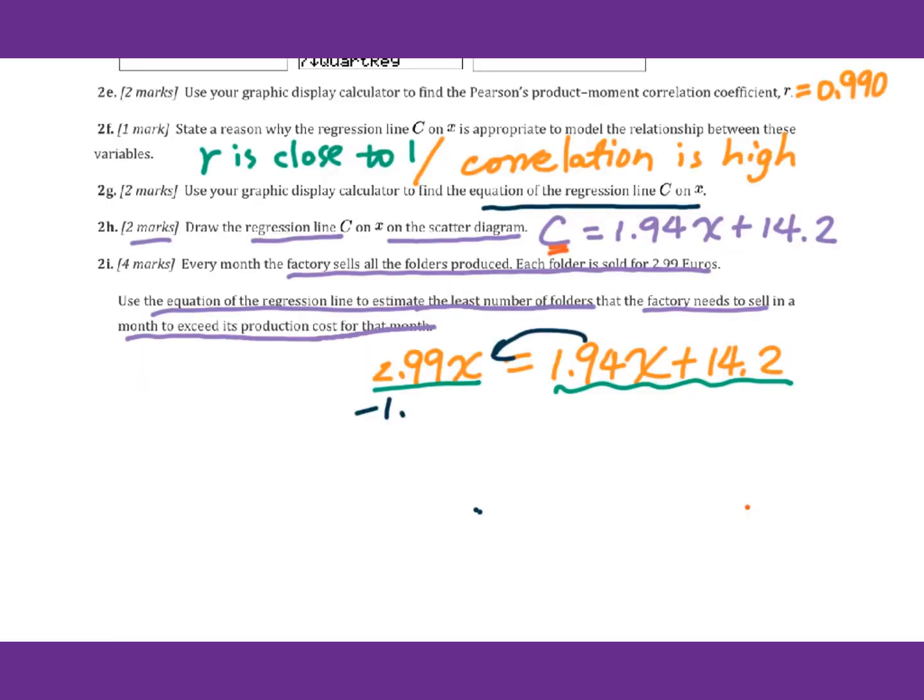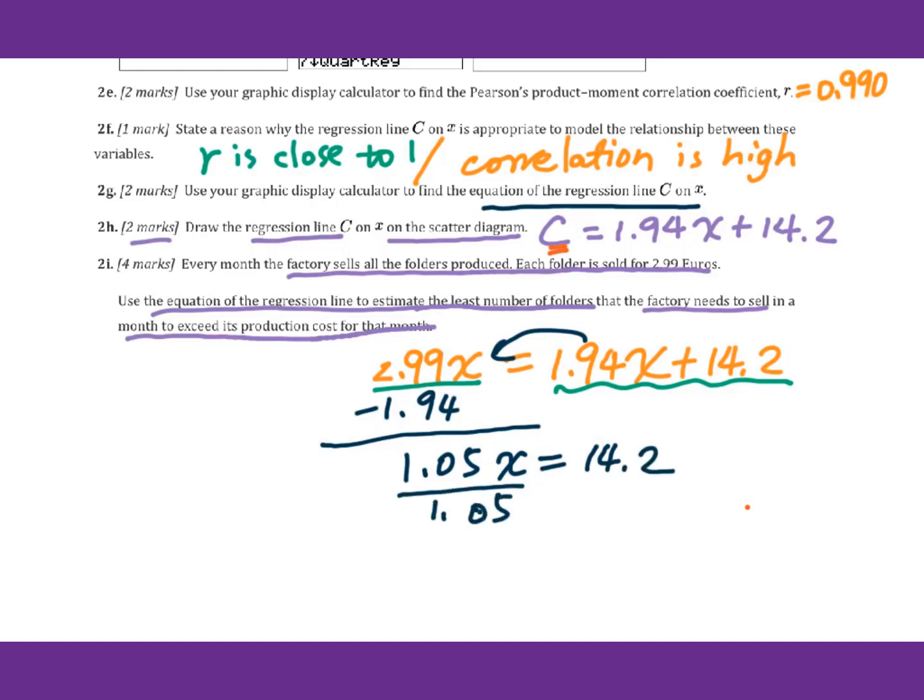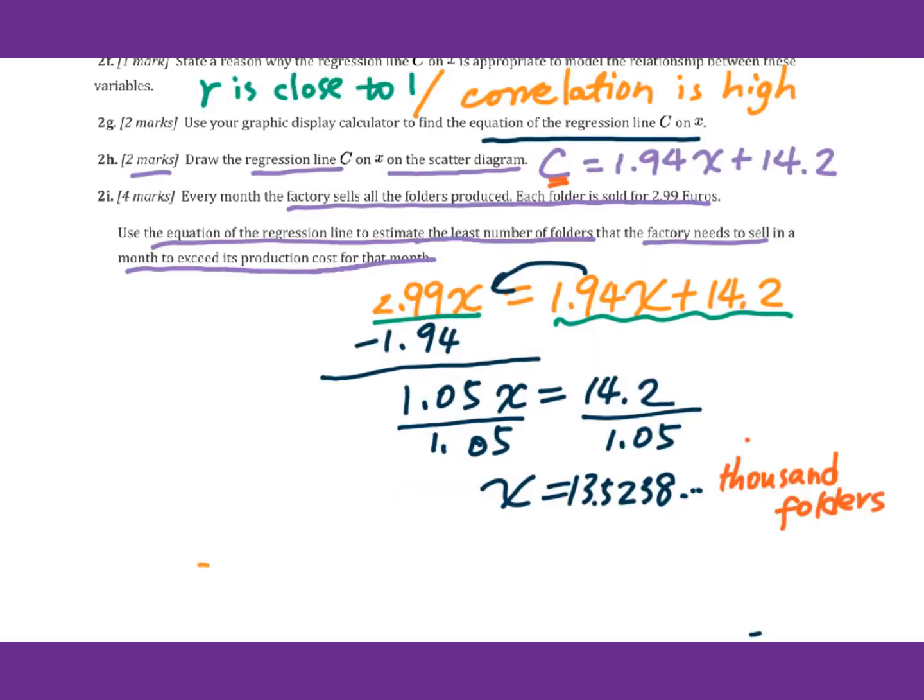Subtract 1.94. You will get 1.05x equals 14.2. Then you divide by 1.05 on both sides. You will get x equals 13.5238 thousand folders.